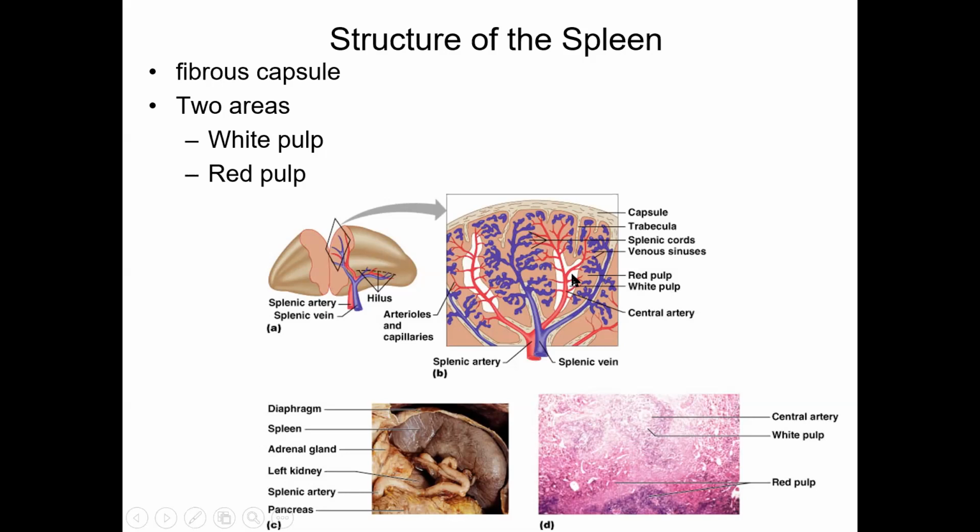The white pulp is the area where you have a lot of T lymphocytes and macrophages. So all these lymphocytes stay together along these central arteries and push the blood away from them.